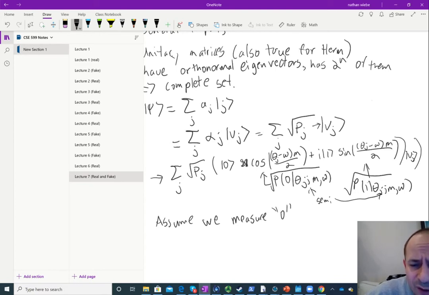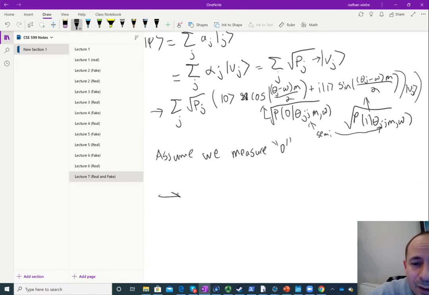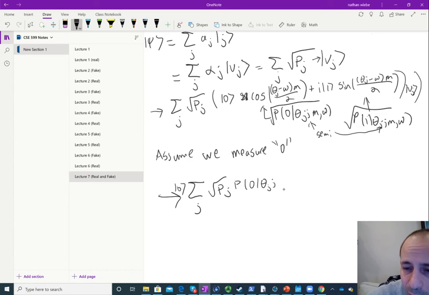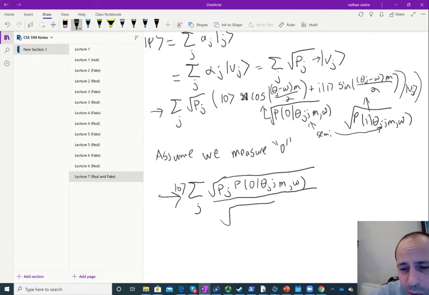If we measure 1, then something very similar will happen. But if we measure 0, then this becomes the sum over j, sqrt(pj), I'll put a 0 out here just to be pedantic, multiplied through by sqrt(P of 0 given theta j; m and omega), and divided through by the normalization factor, which I'm just going to call square root P of 0, because it gives us the probability of measuring 0, irrespective of the value of theta j.